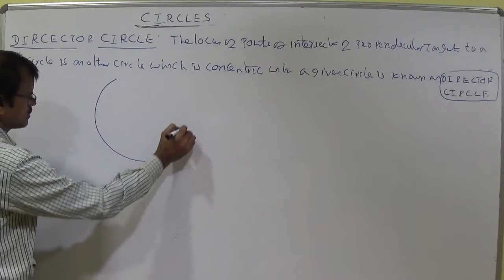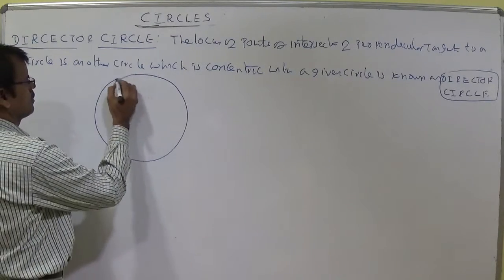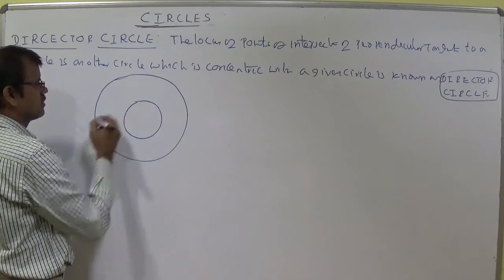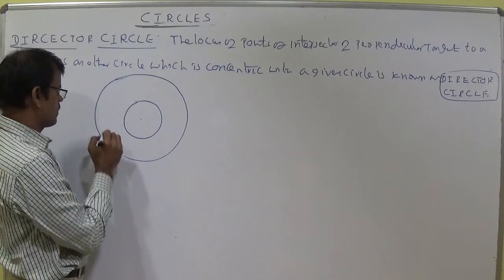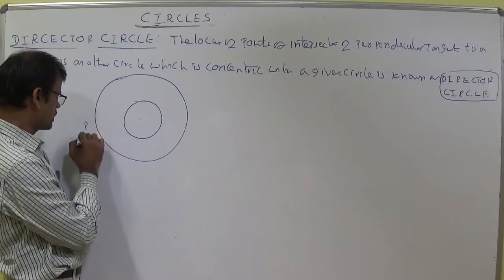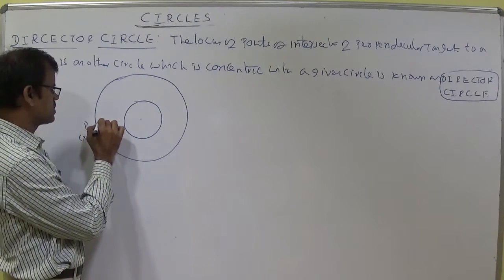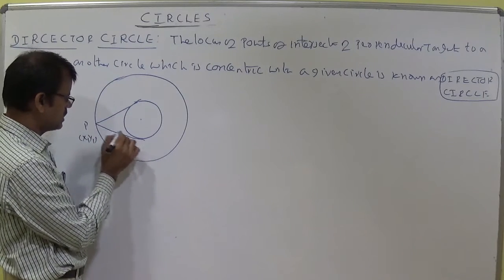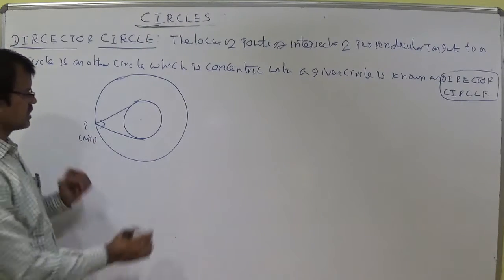Draw like this. Students, this is the original circle. This is an external point P(x1, y1). From this point, we have drawn the tangents which are perpendicular. This is a circle, the original circle.